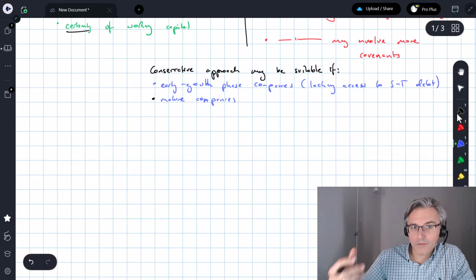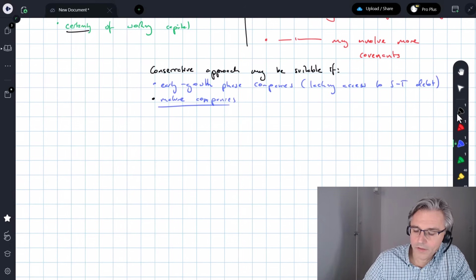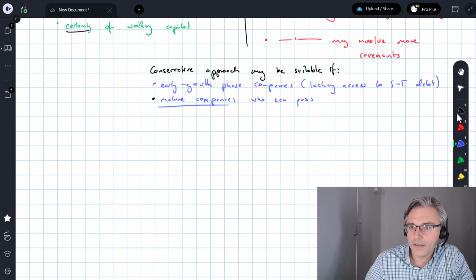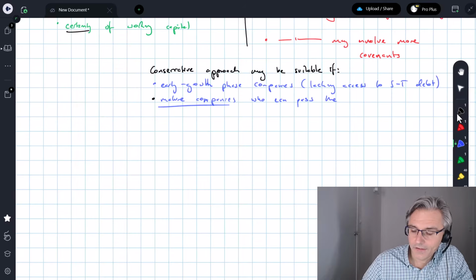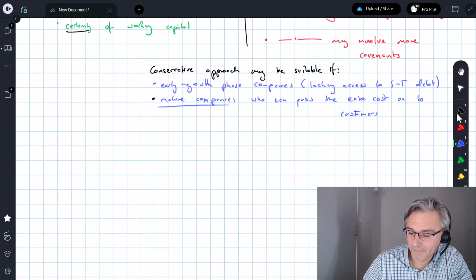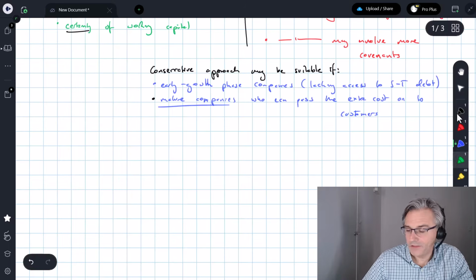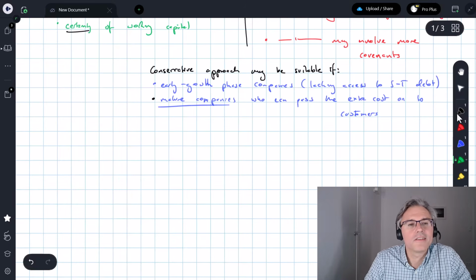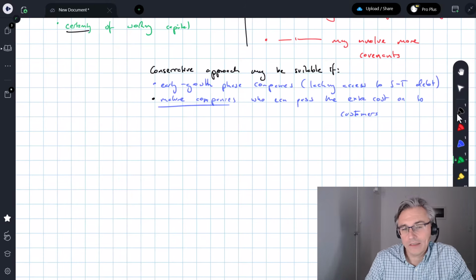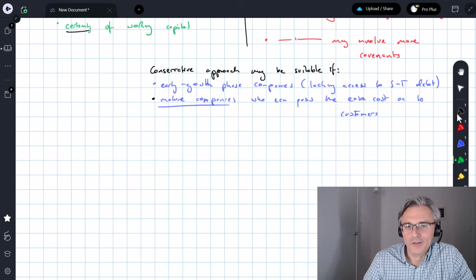They know it comes with an extra cost, but these mature companies, ideally, can pass the extra cost of that funding on to their loyal customers. Obviously, if they've built up that kind of loyalty and the ability for the customer to pay extra because they're so hooked on the product.